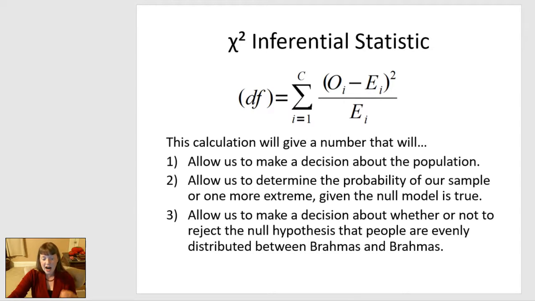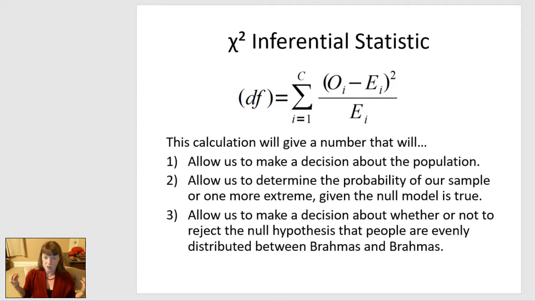This is how we're going to make our decision about our population. This is how we're going to be able to determine whether or not to reject the null hypothesis, to figure out how probable our sample data is if the null is true. And if what we get is really big, really extreme, then we can reject the null hypothesis. It's the same sort of approach.